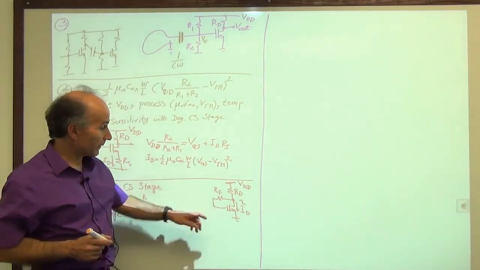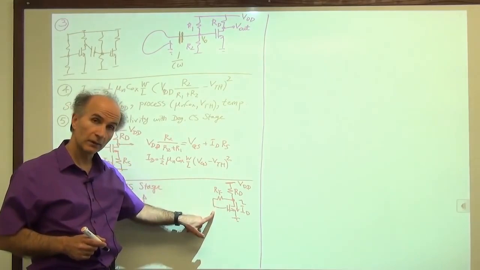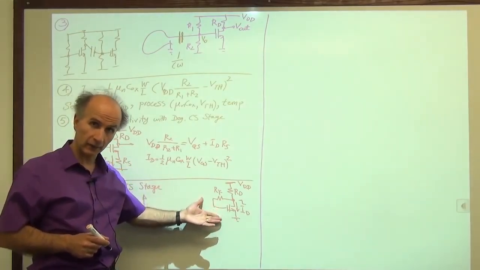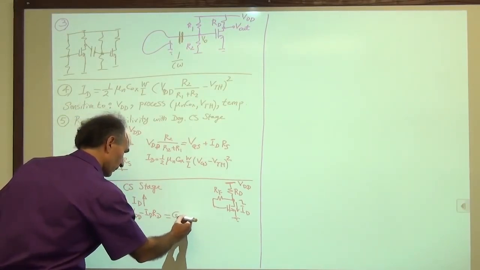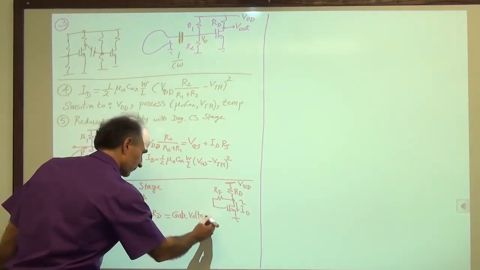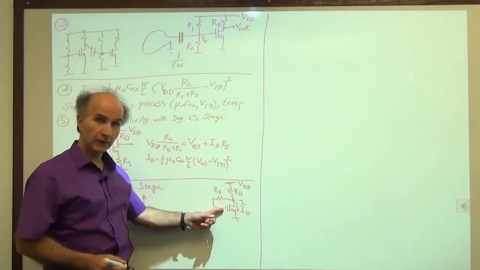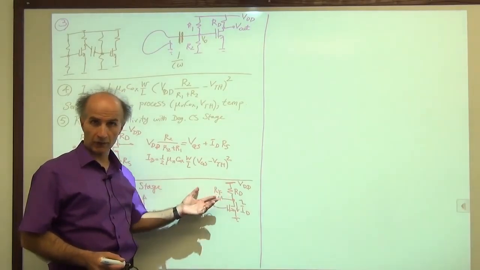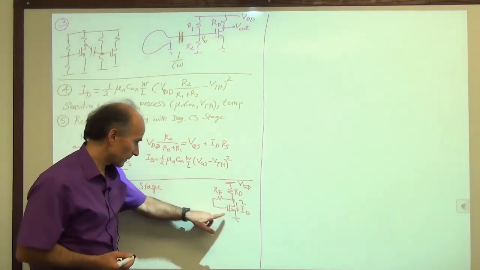Now it just happens that in this circuit, the gate voltage and the drain voltage are equal for biasing calculations. So this is equal to the gate voltage. This happens because the gate draws no current, RF has no current, the voltage across RF is 0.